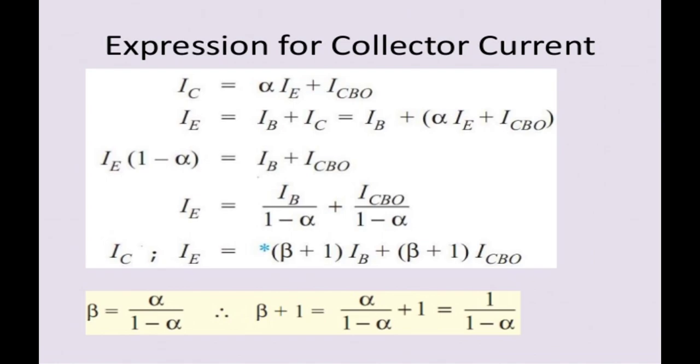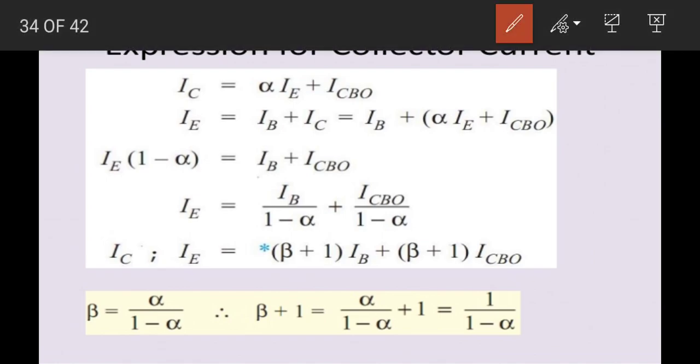See here what the value is for that. IC is equal to alpha into IB plus IE. Same here, I is equal to IC upon, put this value into this equation. Which value? IC. Put this value in the equation here.